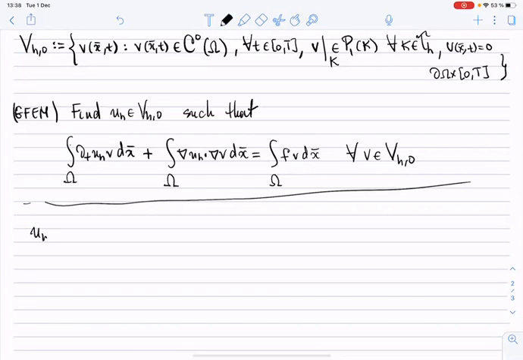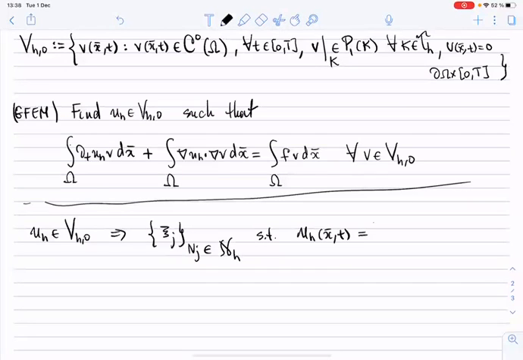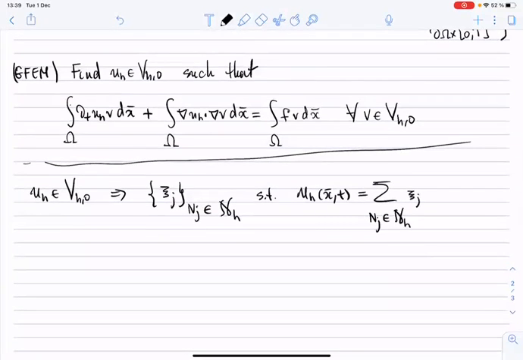As usual, since u_h is an element from this V_h0 space, there exist coefficients for these interior nodal points such that we can write u_h(t) as a linear combination of all these basis functions.